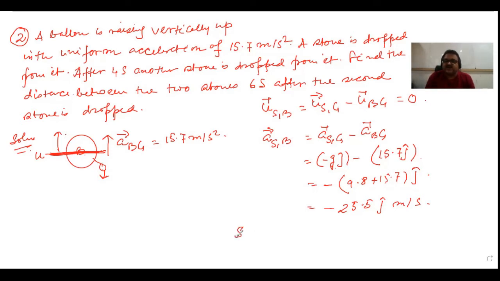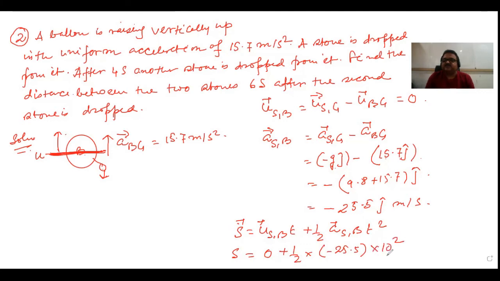So the distance traveled by the first stone is s1 equals ut plus half a t square. So this is 0 plus half into minus 25.5, and t is 10 seconds.